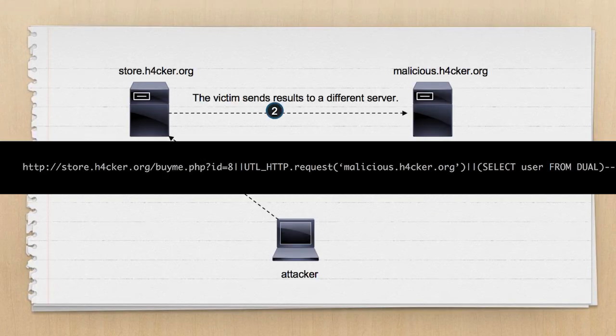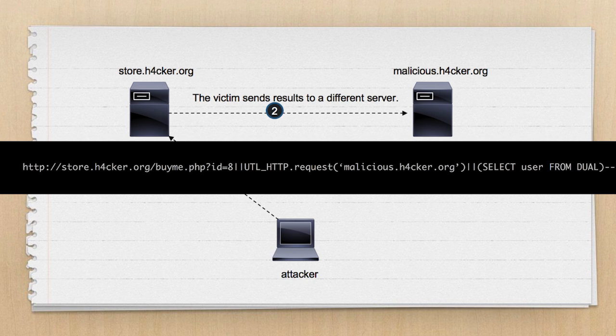So it's another website. Then I'm doing a select user from dual, and of course I'm escaping that. So in this example, the attacker, or me, is concatenating the value 8 with the results of the function UTL_HTTP.REQUEST, right?